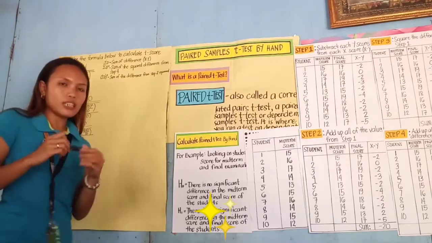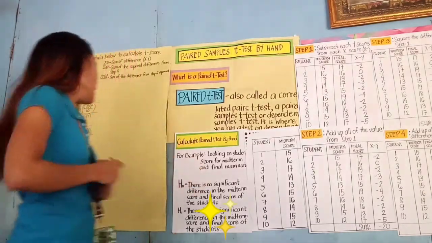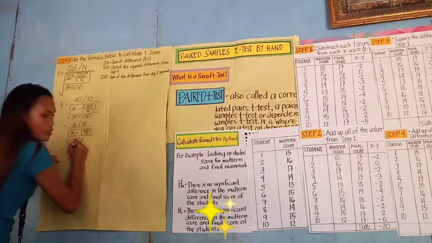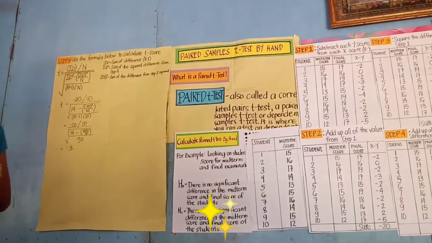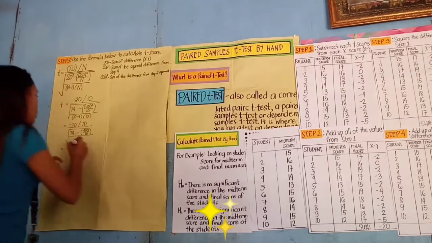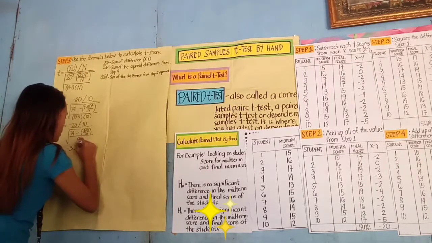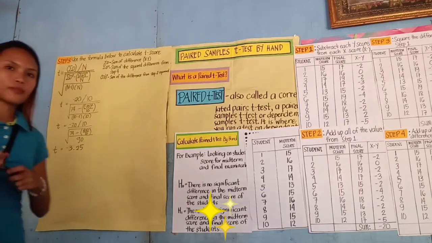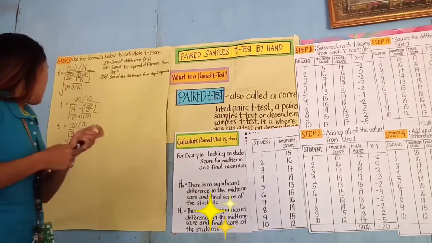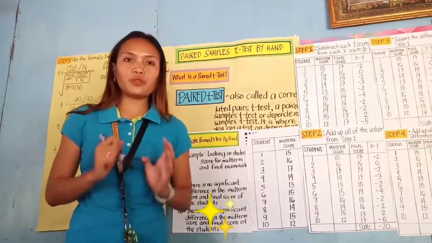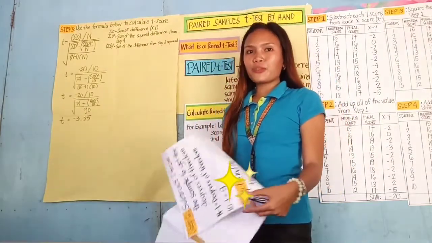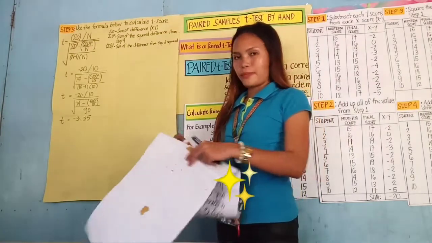So, using your calculator, the answer is negative 3.25. So, this is the t. So, the t-score is negative 3.25. Now, let's proceed to the next step.